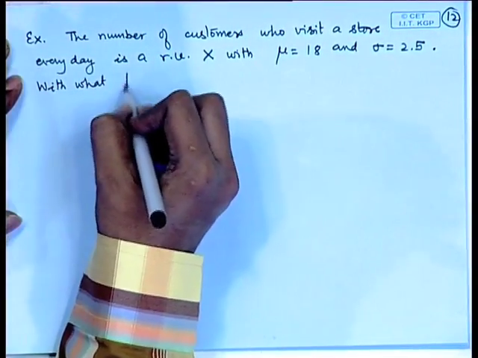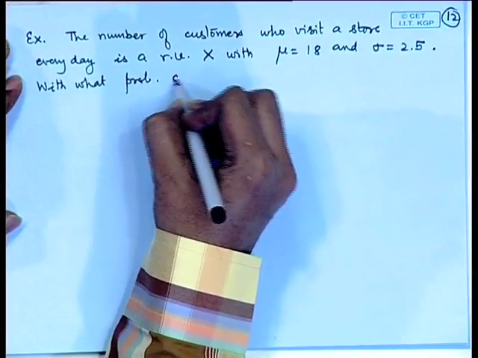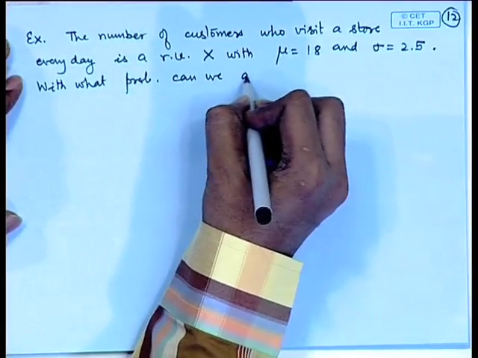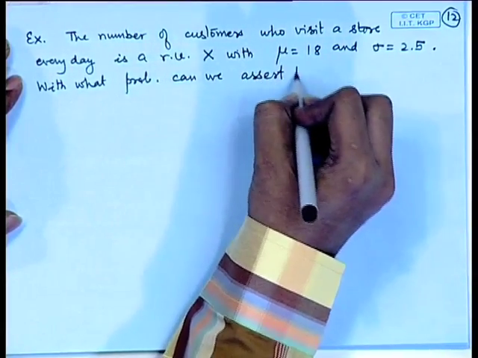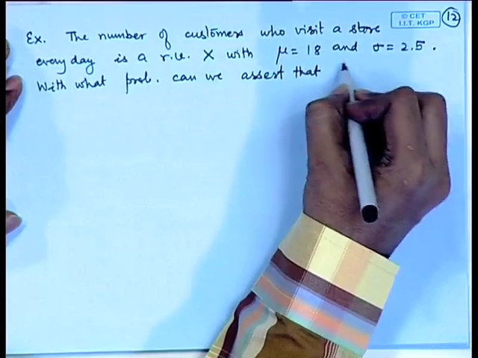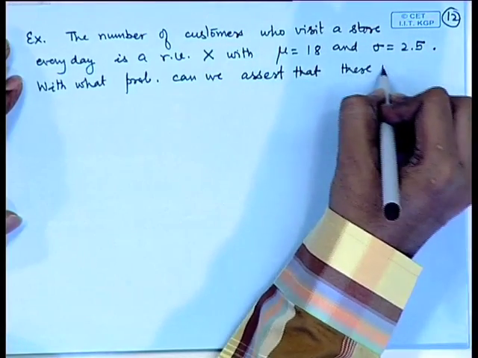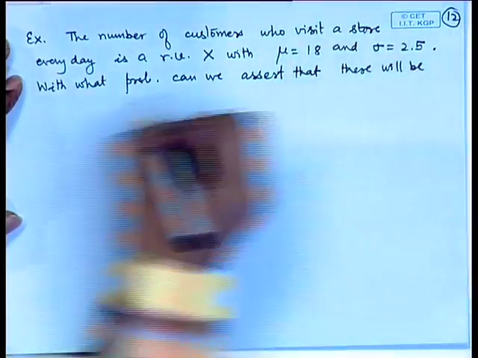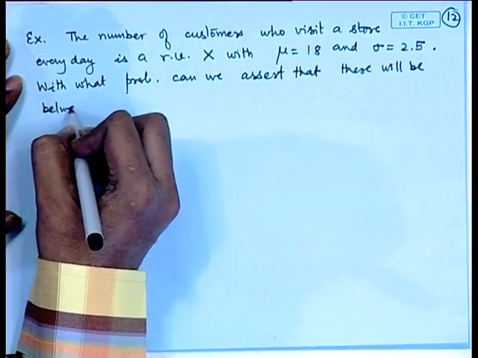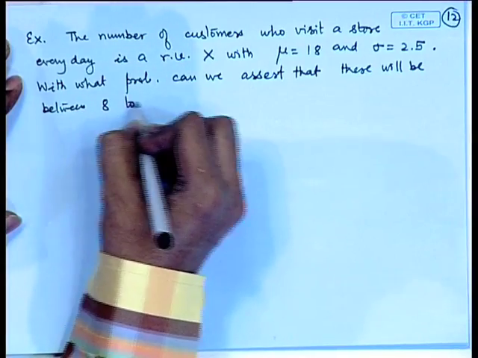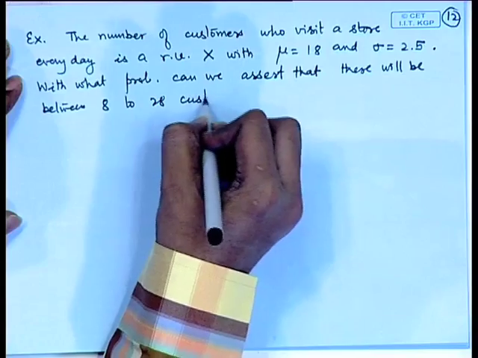With what probability can we assert that there will be between 8 to 28 customers?